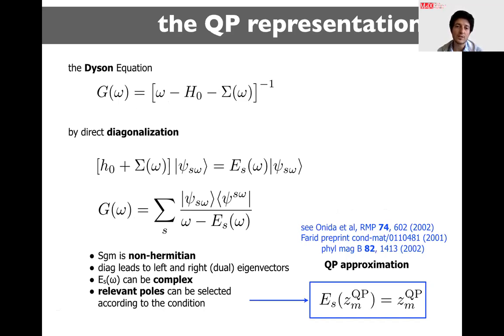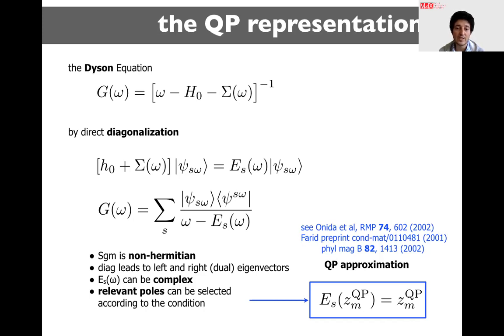Okay, alternatively, one could just take the formal solution of the self-energy and consider the frequency as an external parameter, diagonalize the equation with this frequency parameter and obtain this other expression for the Green's function, where the frequency is now a parameter for the left and right eigenvectors, as well as for the energies.